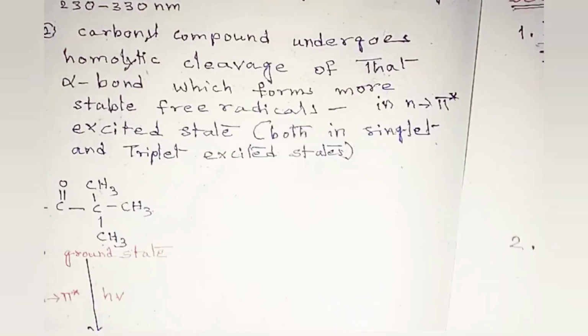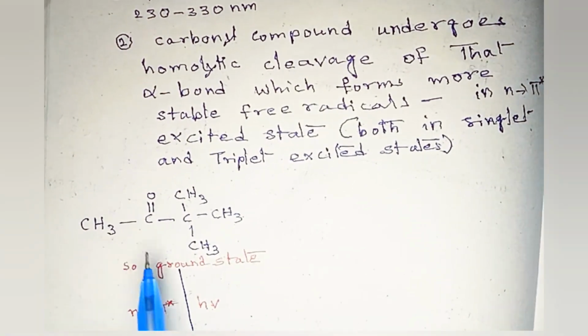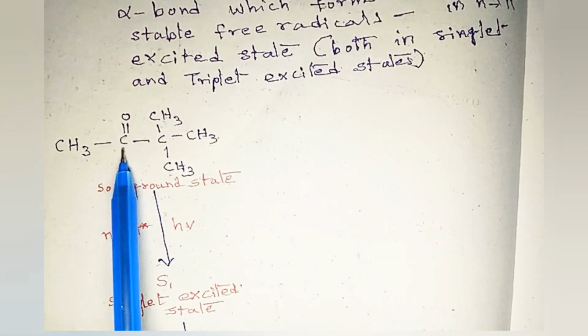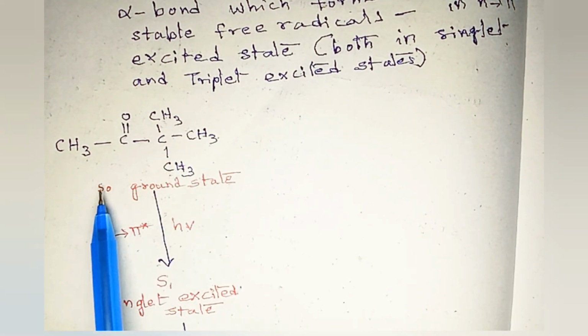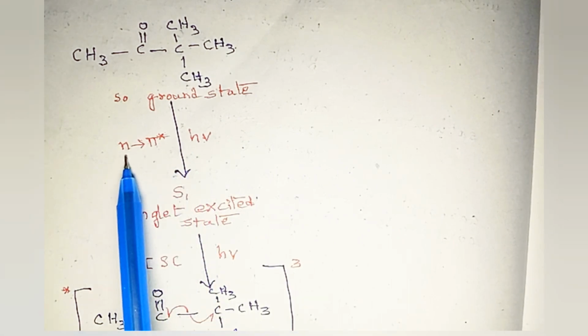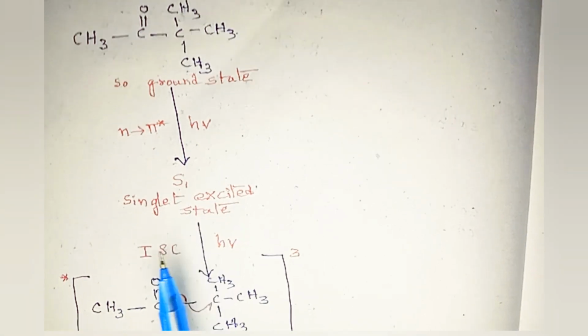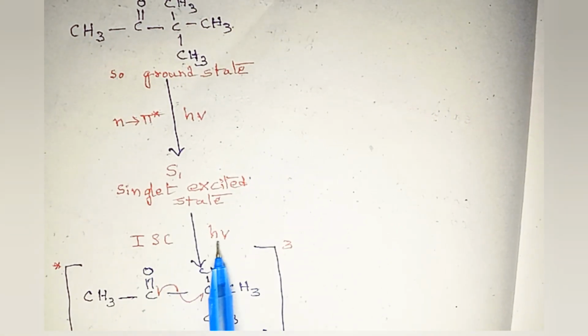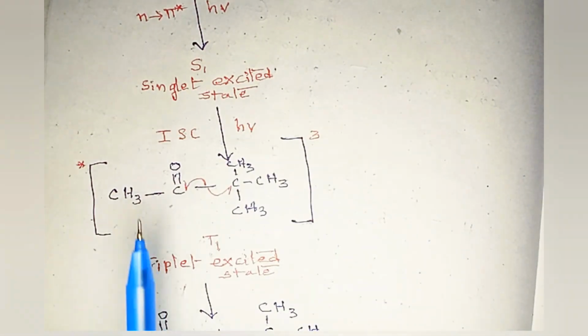Here CH3 C double bond O, CH3 CH3 CH3 is in ground state, S0 ground state. When it is irradiated by UV light, it gets excited from n to pi star transition and enters singlet state S1. From singlet state, through intersystem crossing, it enters triplet state.